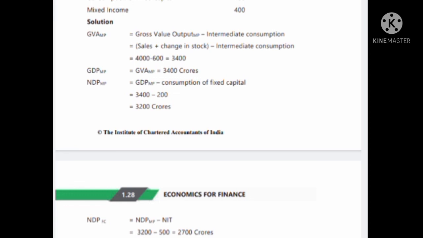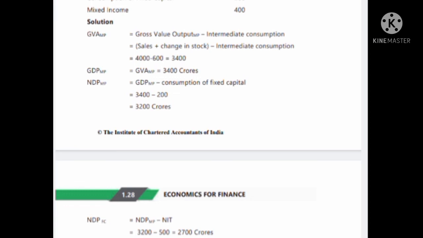Value of output, as you all know, is sales plus change in stock. Sales given is 4,000, and change in stock is not given, so leave it. Minus intermediate consumption, so minus 600 gives you 3,400 as your GVA at market price.